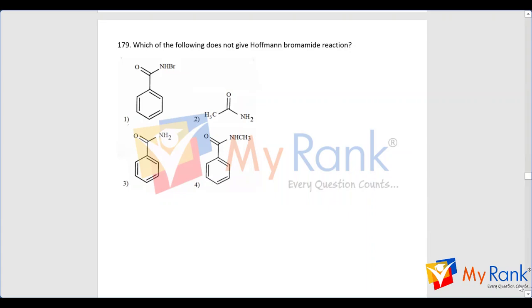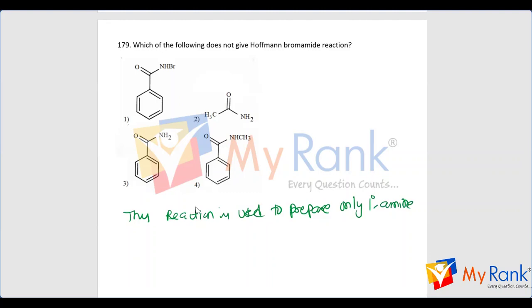The Hofmann bromamide reaction is used to prepare only primary amines, both aliphatic and aromatic primary amines.